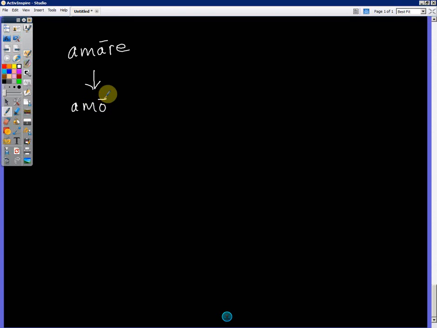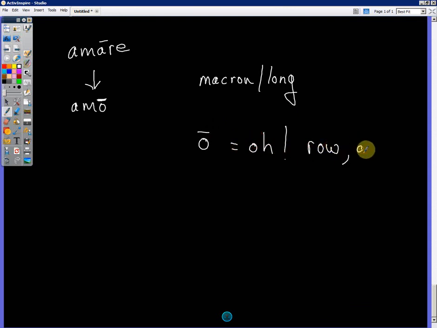And we've got this little friend here, a macron over that O. As we remember from our first lesson, if it's a macron over a vowel, it means it's a long vowel. So the O with the macron is O, as in, oh my, or as in row, or go. It's the O sound.